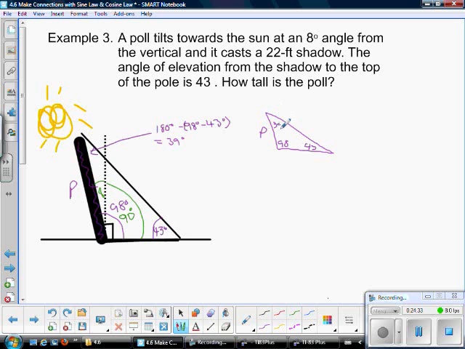Now I know all my angles, but I'm wondering if there's another piece of information that I've missed. So I'm going to go back to the question. A pole tilts towards the sun at an 8-degree angle from the vertical, and it casts a 22-foot shadow. So we haven't dealt with that shadow. The shadow is down here, which transfers to over here on my diagram.